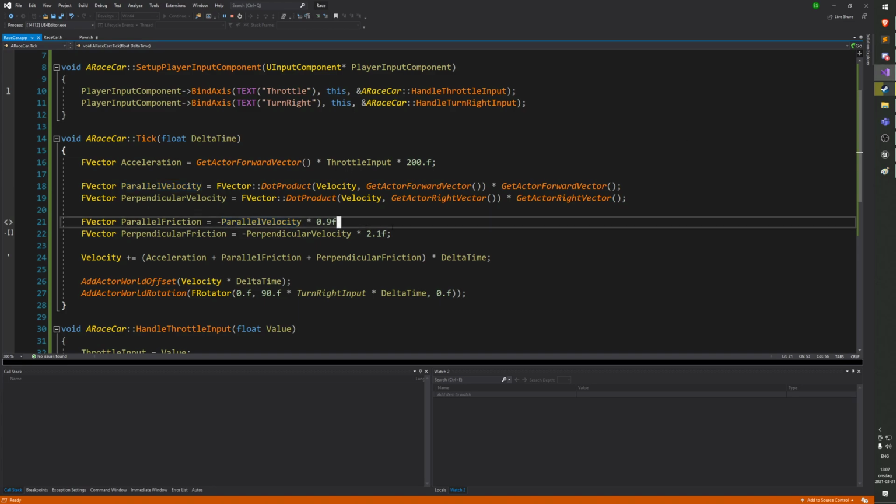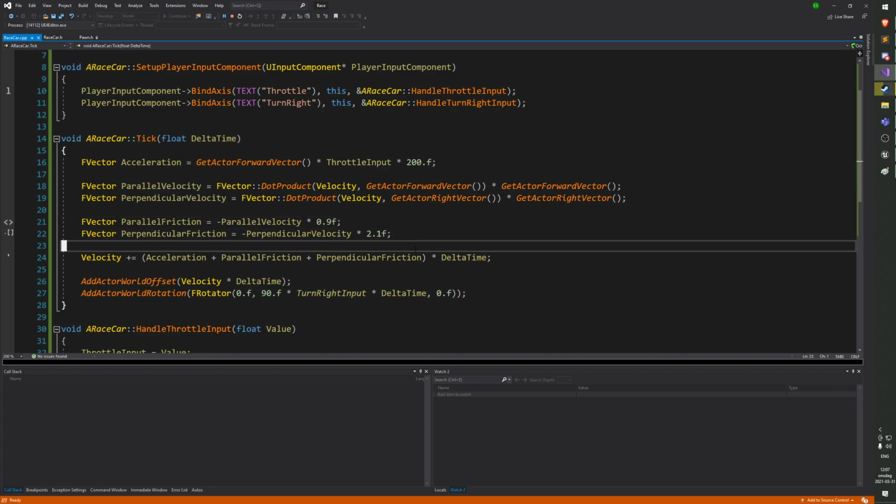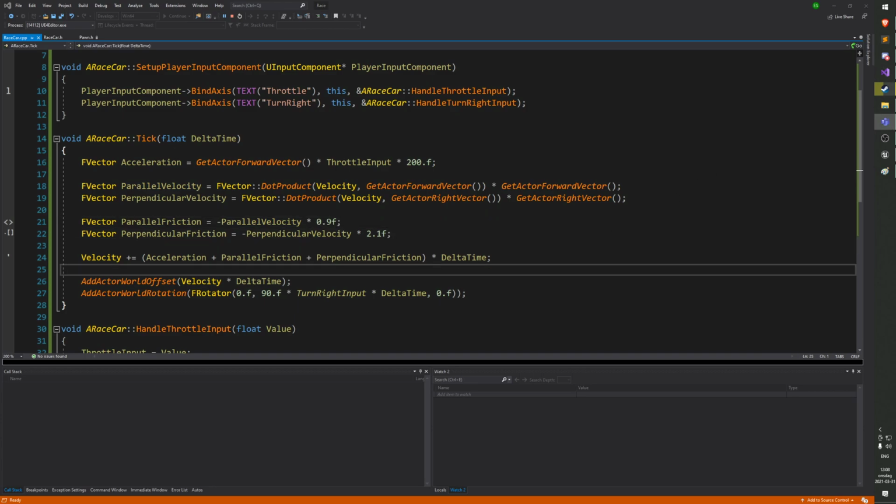Yeah. And if you're getting nitpicky, then acceleration is also not just a value, but the force added divided by the mass of the object. And the mass would also influence the friction.